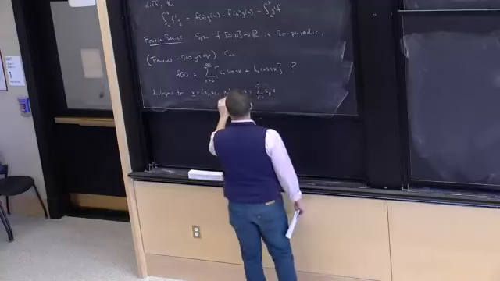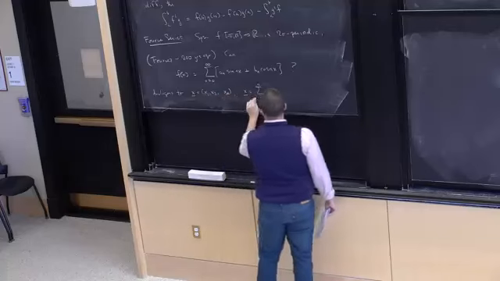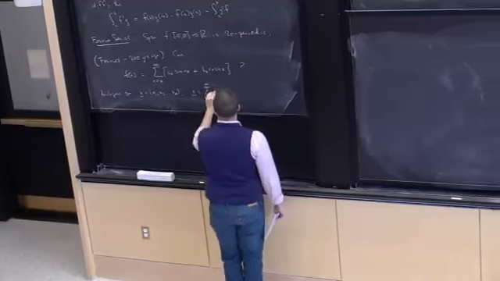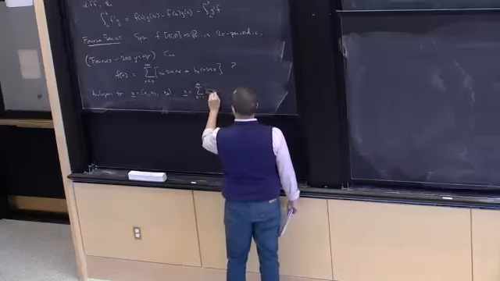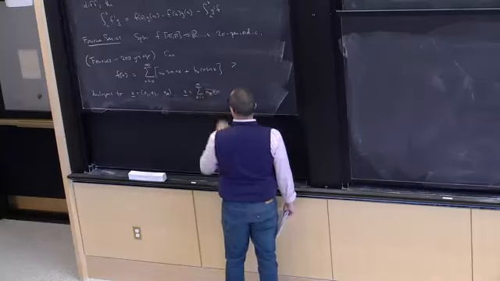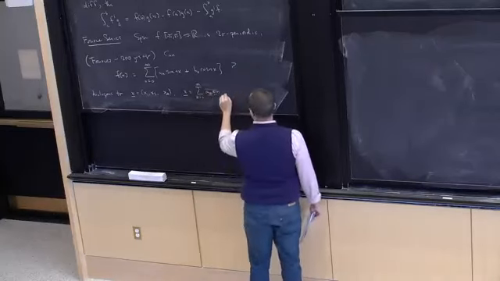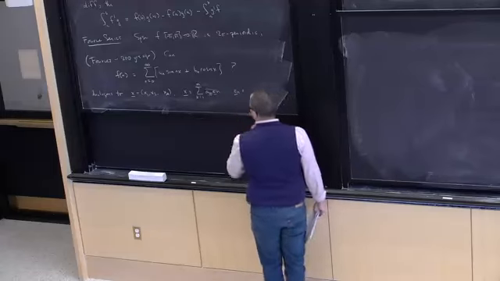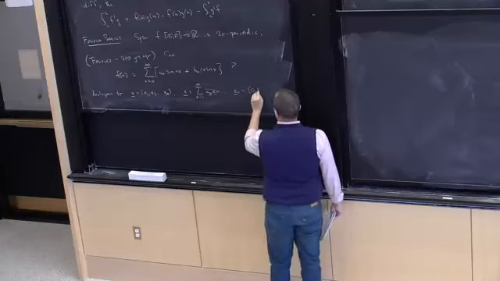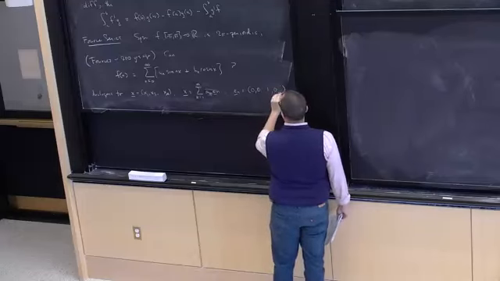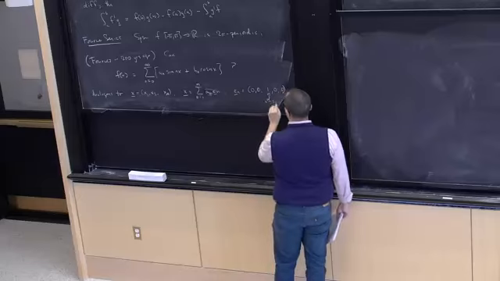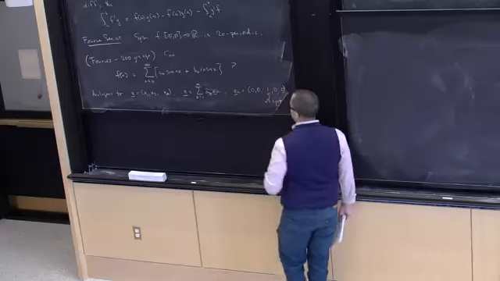You know what, let me make this m. Let's make this n, let's make this m, so it looks a little better. A sub n, e sub n, where now e sub n is the basis vector given by 0, 1, 0, where this is in the nth spot, okay?